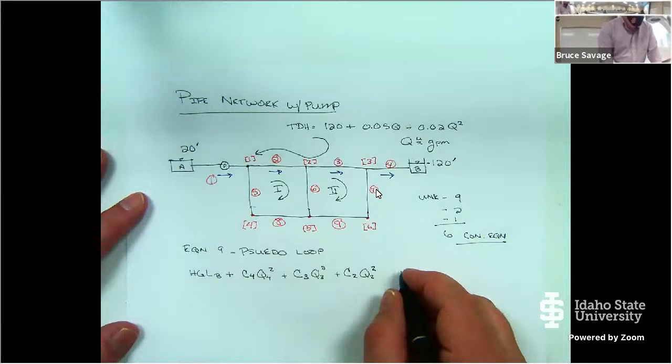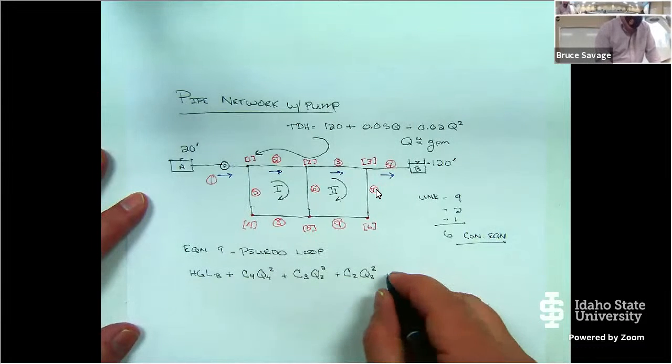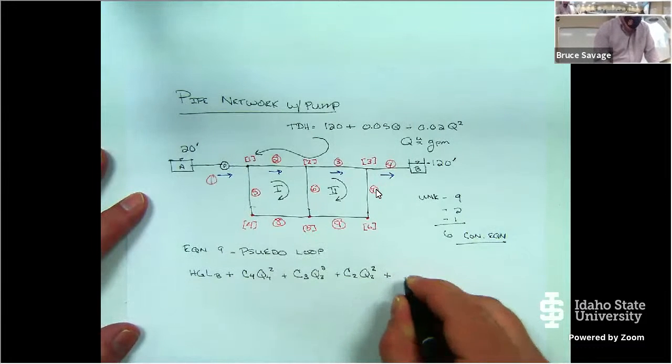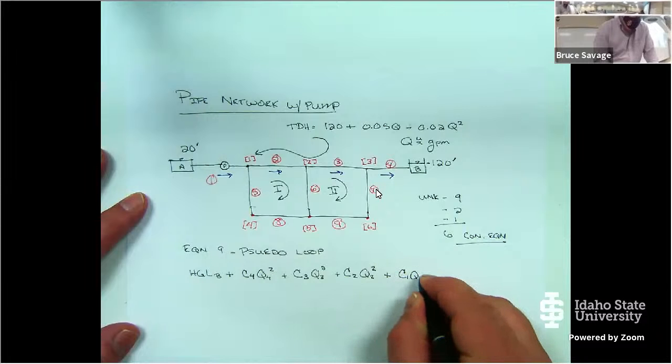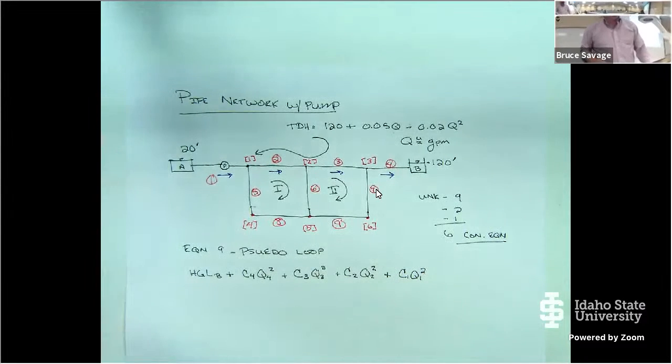And then I get over here to pump or pipe 1, and I know that I'm going against the flow on that as well, plus C sub 1 Q sub 1 squared. All right, but I have to take care of that pump as well. So remember how we drew the hydraulic grade line. So when I'm approaching it from the right, what happens when I hit the pump?